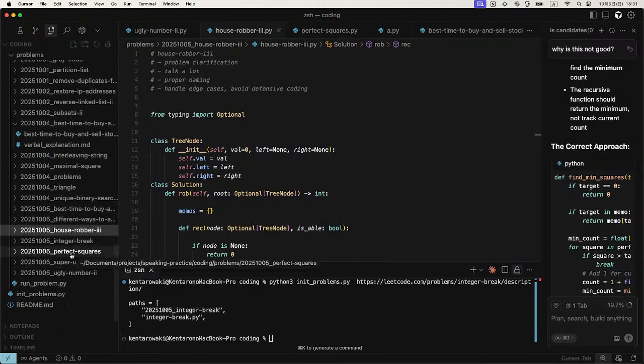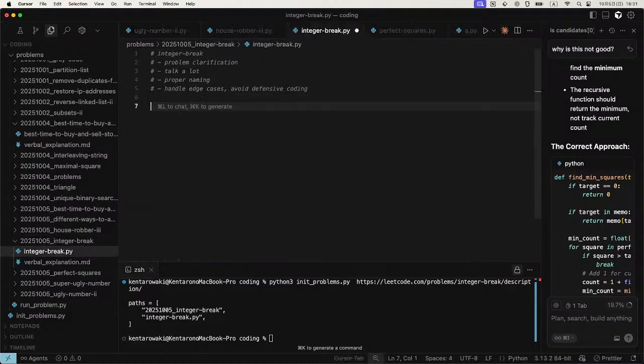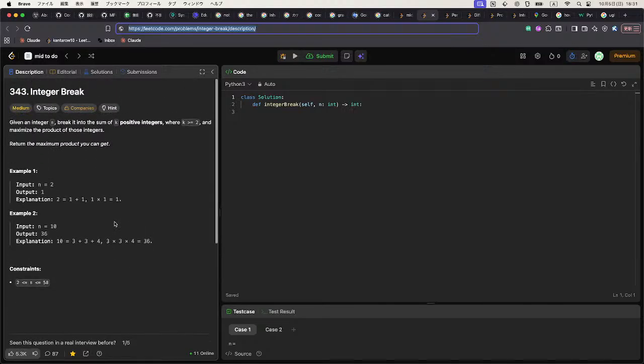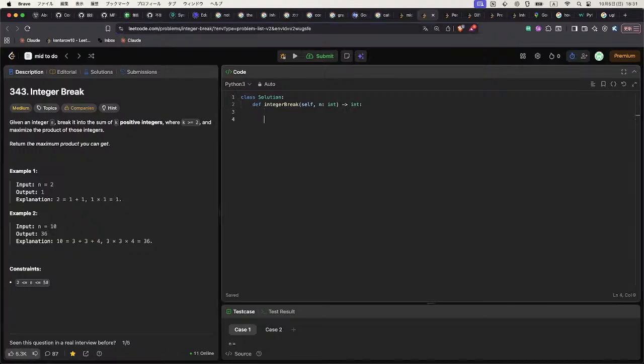Something mathematical, integer break, and we are given an integer n. Okay. Oh, this is interesting.